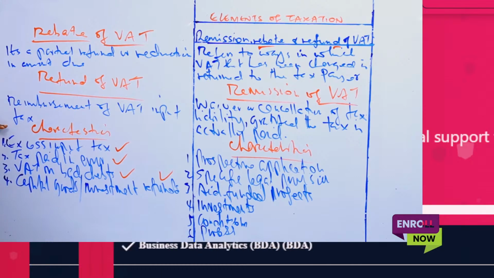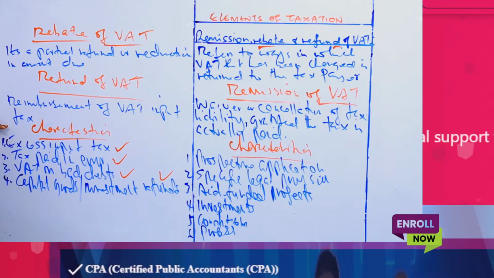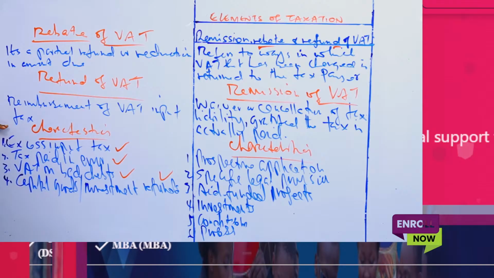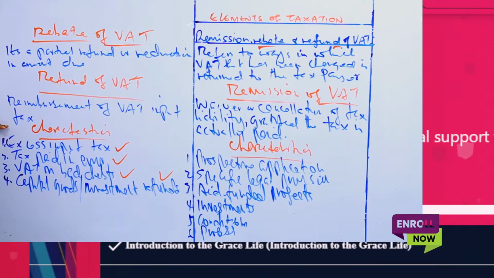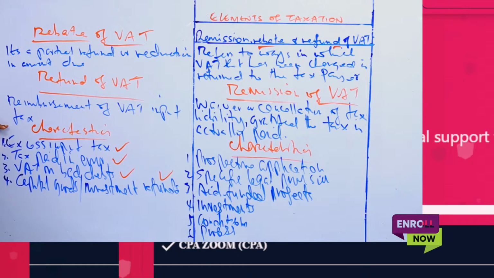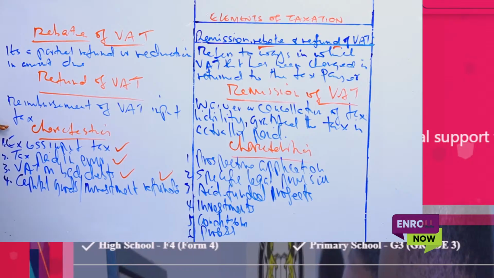So that's all for remission, rebate, and refund of VAT. And of course, the VAT refund process, as you all know, can be done on the KRA iTax platform. The taxpayer must file their monthly VAT3 return via iTax, clearly indicating the VAT refund amount. Then the taxpayer can lodge a VAT refund application on the iTax platform, selecting the refund type and providing details.